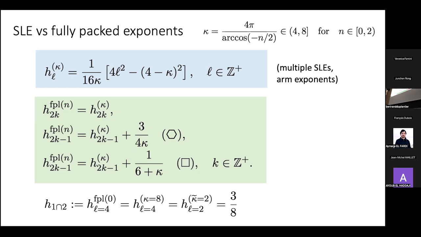But the work was done also for the square lattice by these other people. And then they found that the shift from the SLE formula, at the time there was no SLE yet, so it was the Coulomb gas formula of the O(n) model, the shift was given, I rewrote everything in terms of kappa, but at that time it was written in terms of g, and then it is 1 over 6 plus kappa.